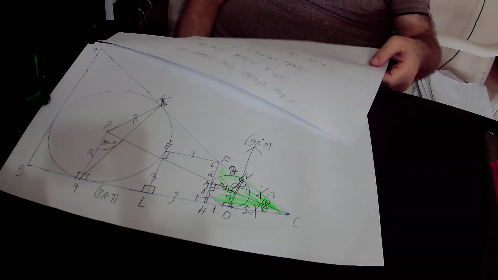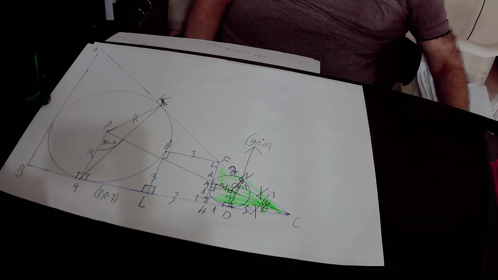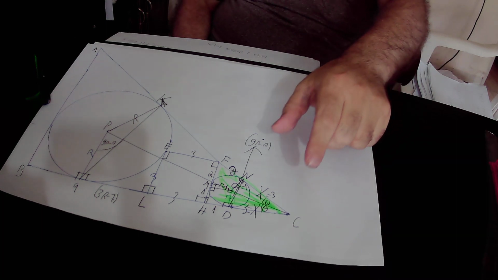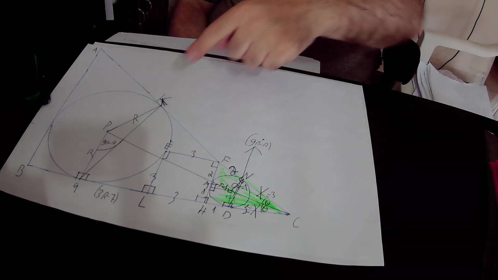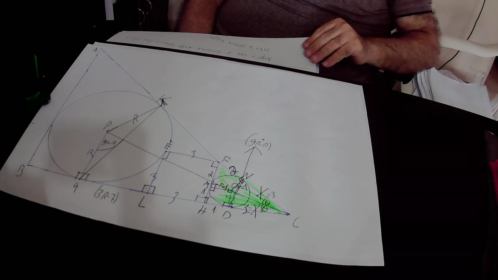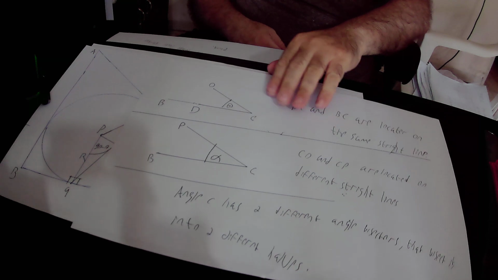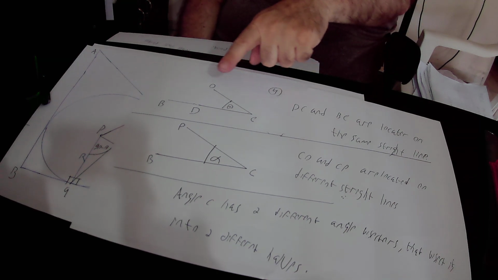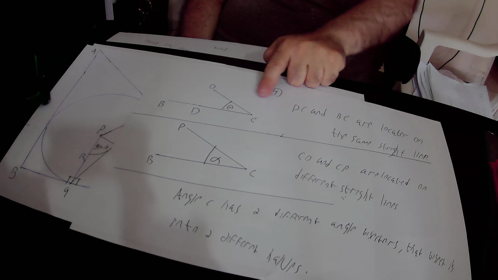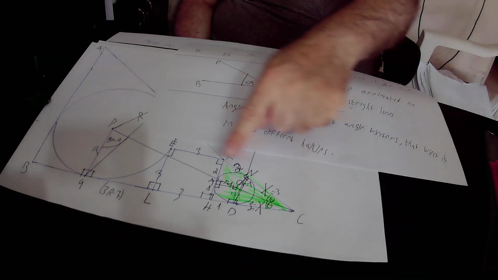Okay, so according to our assumption, CO doesn't pass through point P. If CO doesn't pass through point P, we'll have here two angles. We have angle OCD that is equal to theta, and it is very easy to see that CD is part of BC.